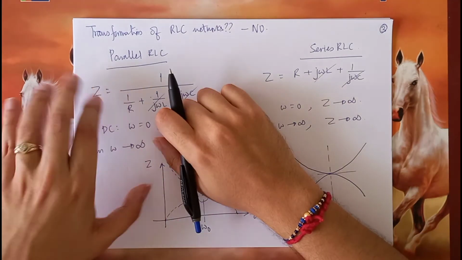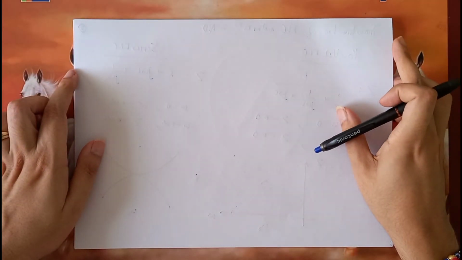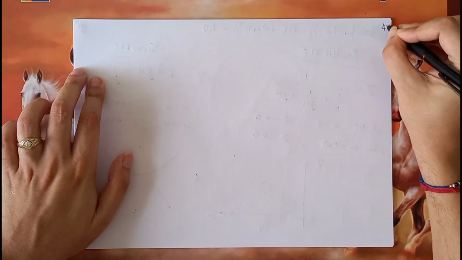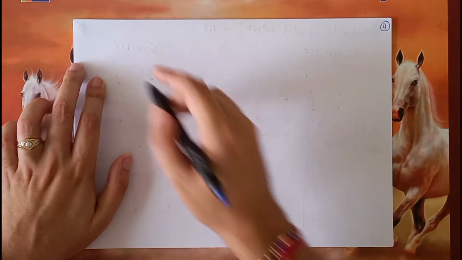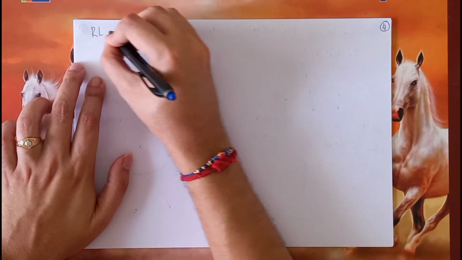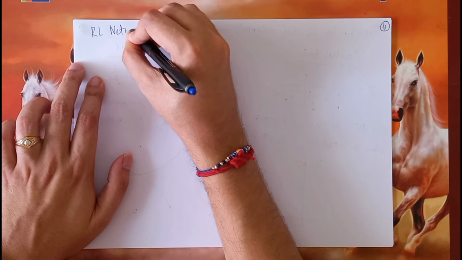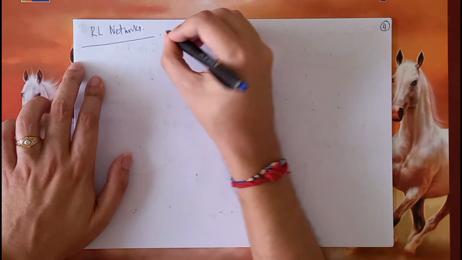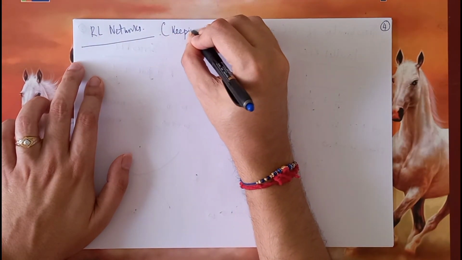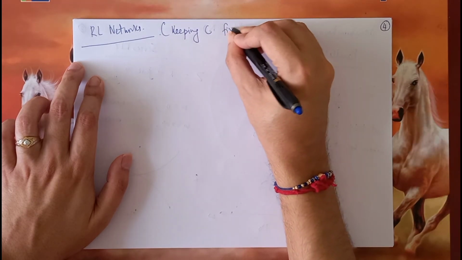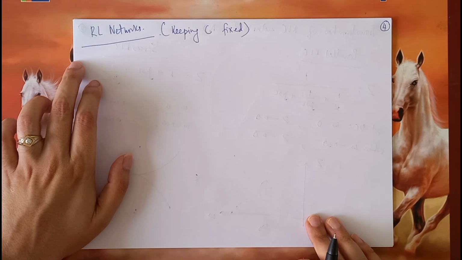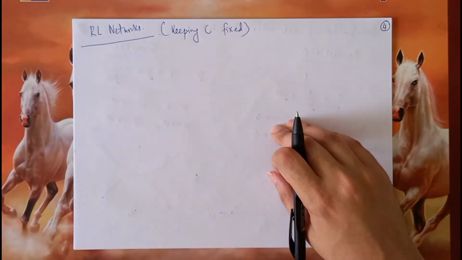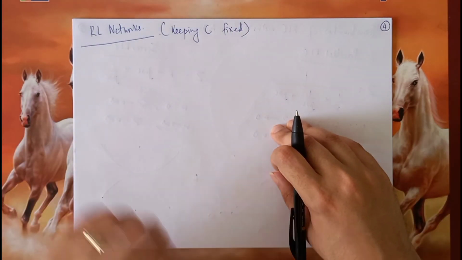Let us first look at R and L. Let us make our life simpler by reducing one variable and keeping that as fixed. This is pretty much the simplest possible approach that we can have.